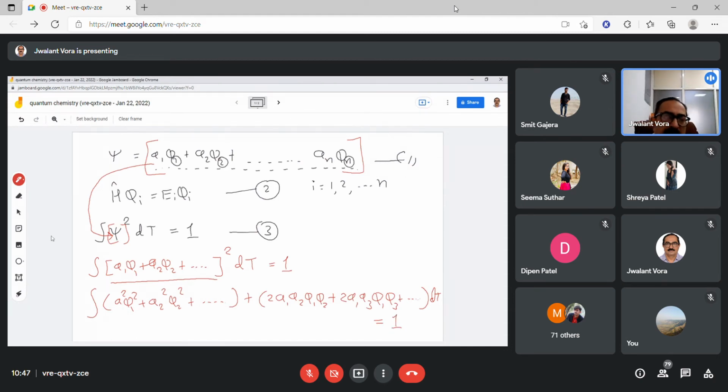Now let us convert it into small integrals. નાના integrals માં convert કરીએ, પહેલા part ને અને બીજા part.